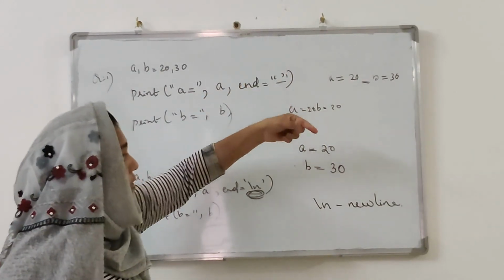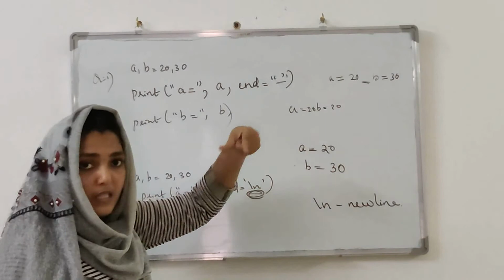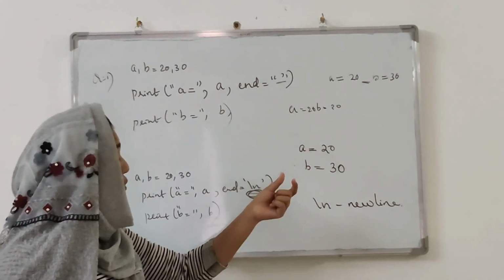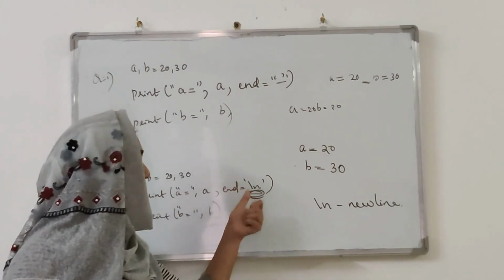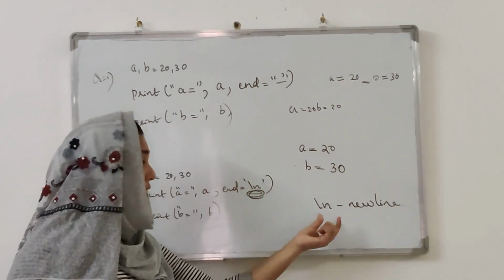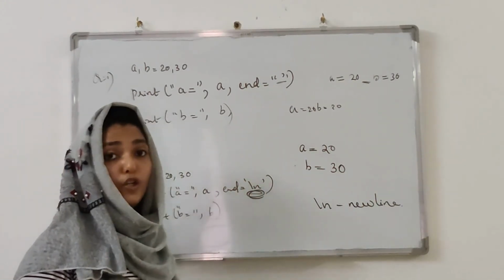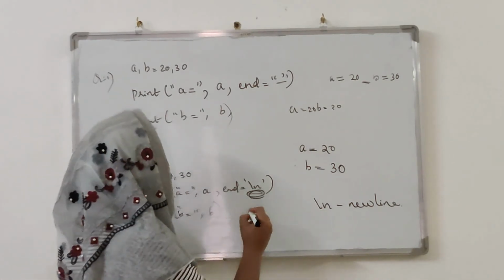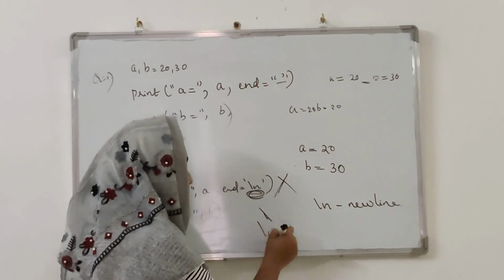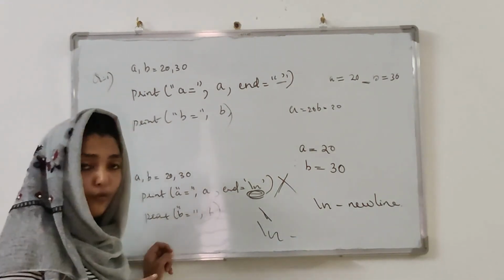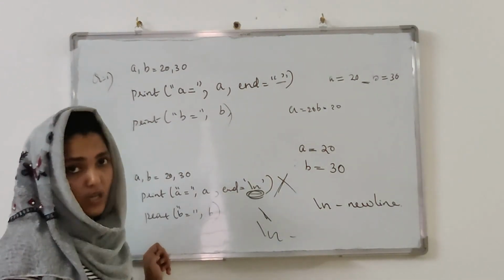If you want to display the output of the next line on a new line, we can use end is equal to backslash n, and backslash n is given inside single quotes. So backslash n means what? New line. This is backslash, not forward slash. Backslash n denotes new line, not forward slash n, it is backslash n.